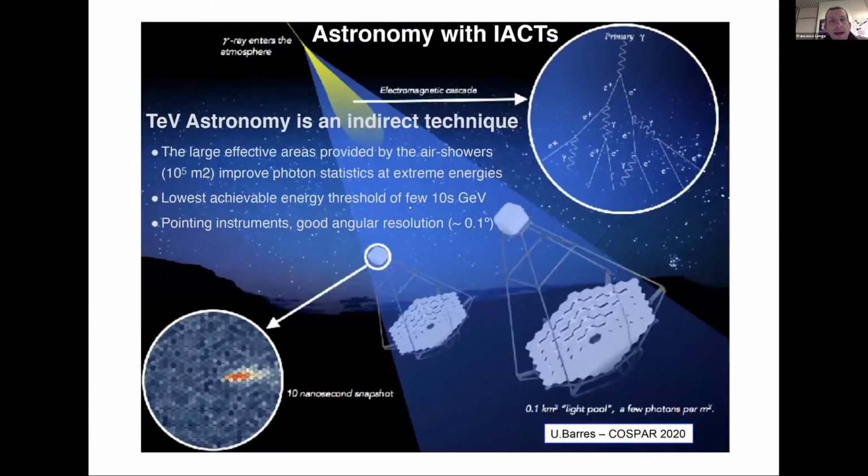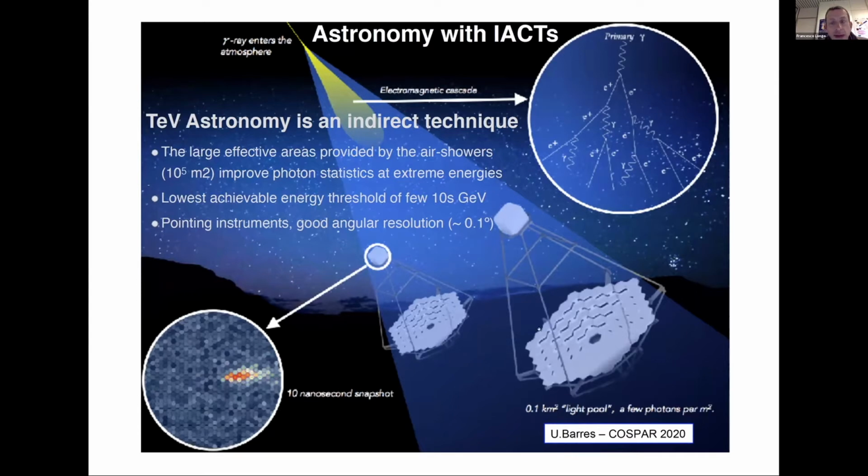So basically, in the imaging Cherenkov telescope, you have very high energy gamma rays, starting at tens of GeV or so, that convert into an electromagnetic shower at the top of the atmosphere. These particles are superluminal in the atmosphere, so they emit, as was discussed before, a flash of a few nanoseconds of Cherenkov light.